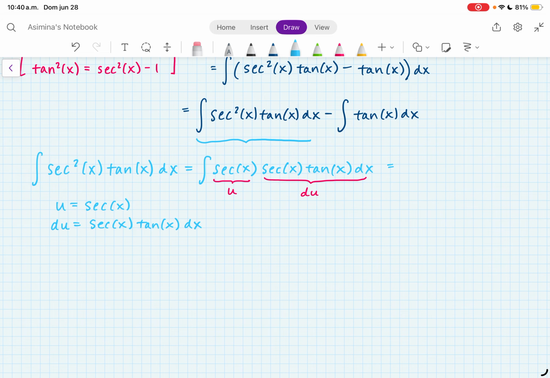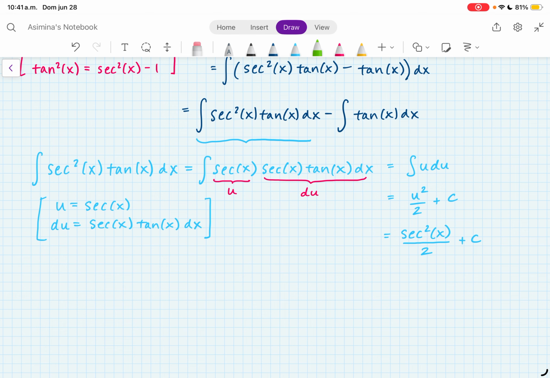So this is equal to the integral of u du. Now, what's the antiderivative of u? We can just use the power rule, so that would be u squared over 2 plus c. Now I have to plug in what u is. U is secant of x, from our u-substitution. So this is secant squared x over 2 plus c.